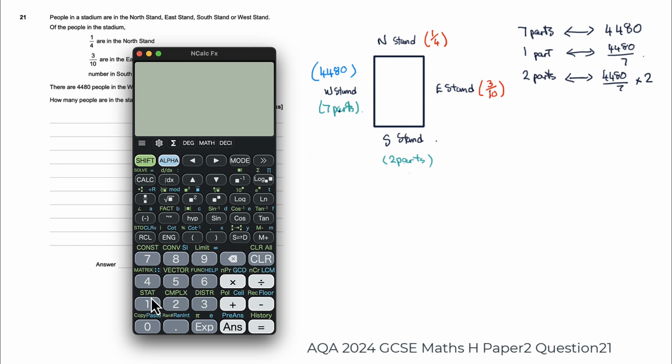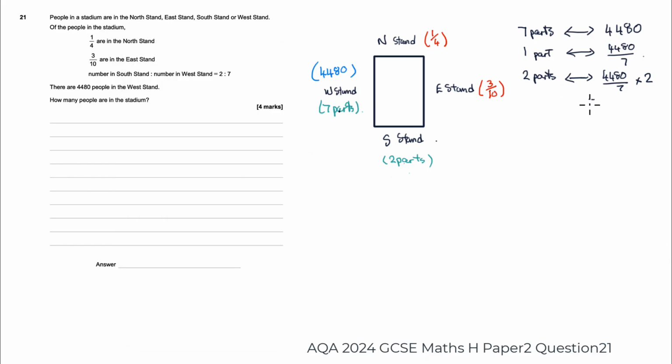So that's 4,480 divided by 7 multiplied by 2. 1,280. Now let me add that information to my diagram. So that's 1280. So that's us taking care of the 2:7 ratio.